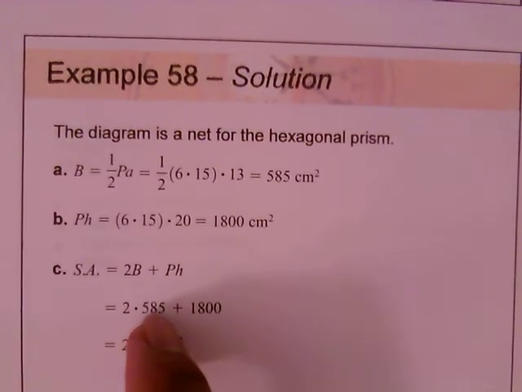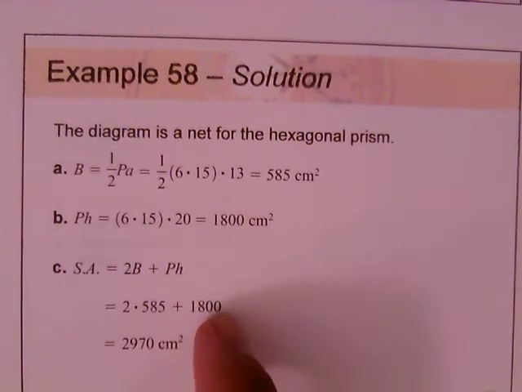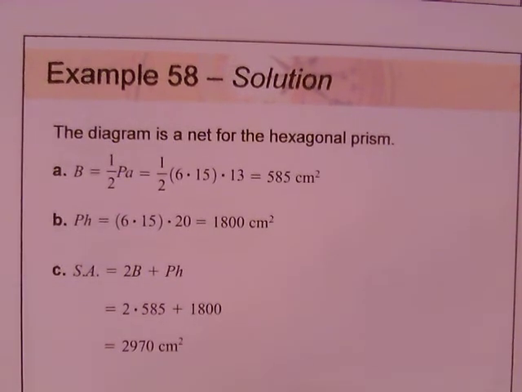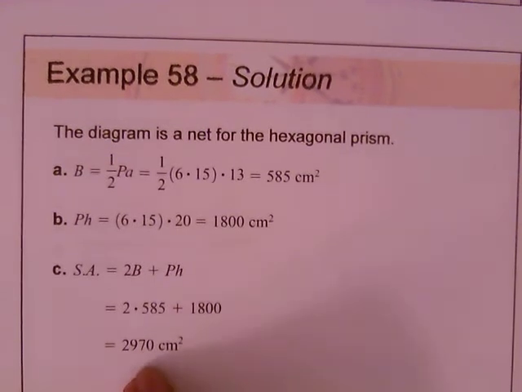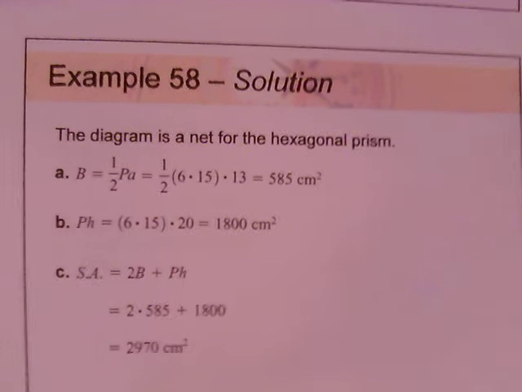So 2 times 585 is 1,170, plus 1,800, which is 2,970 square centimeters. That represents the surface area of that entire right hexagonal prism.